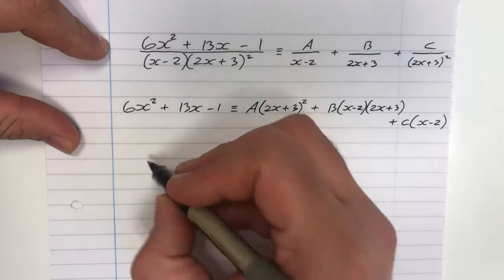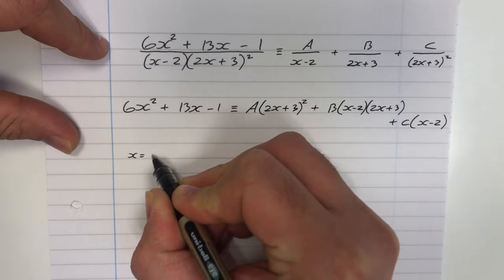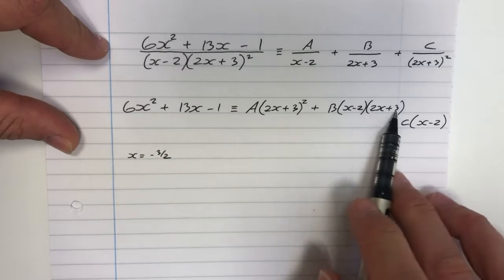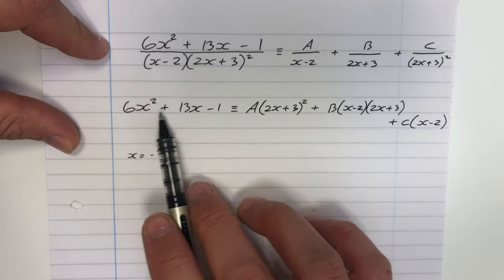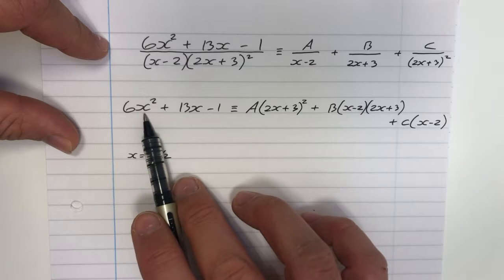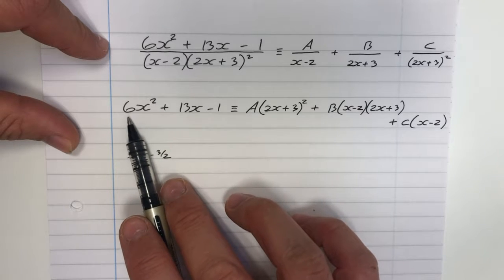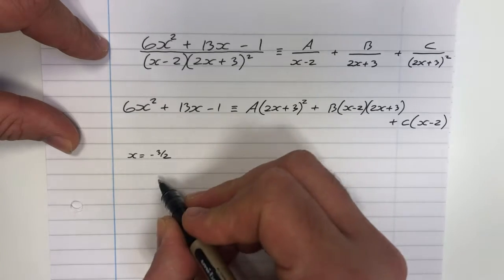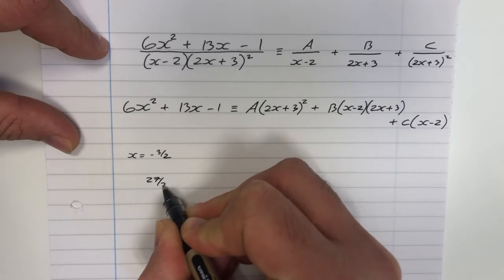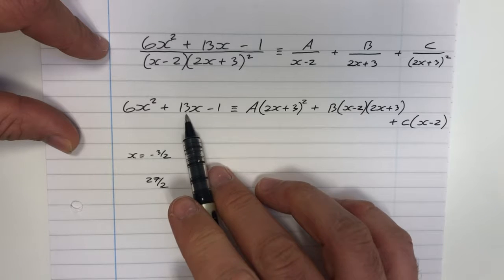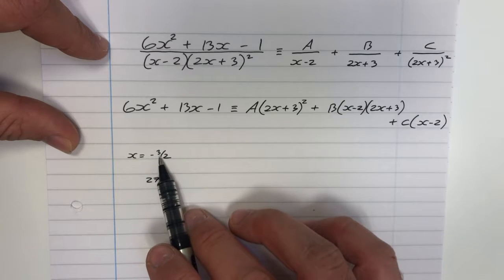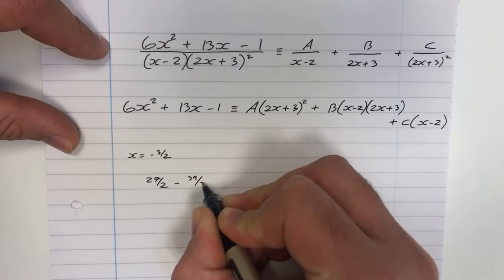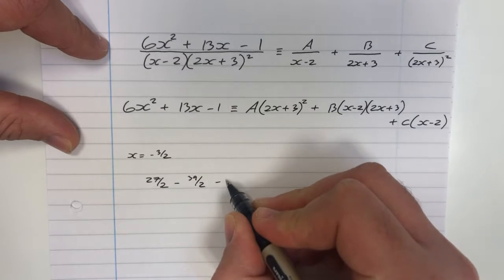So we're going to substitute in x is minus 3 on 2, to make this and this 0. That's going to give us 9 on 4 times 6, which is 27 on 2. Then 13 times x, so that's minus 39 on 2. Minus 1.